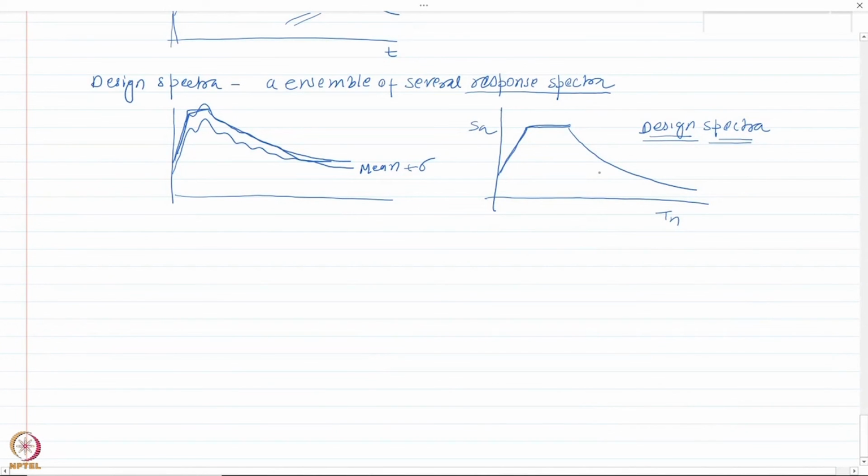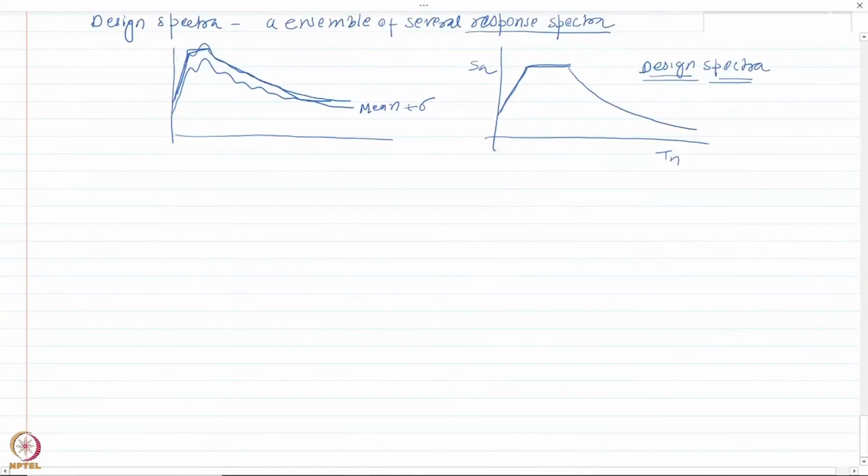These are the concepts that are required to understand. Let us say this is the pseudo acceleration response spectra. From here, for a given structure or a given value of Tn, you can get the value of the peak acceleration.